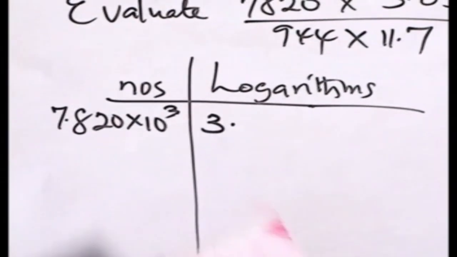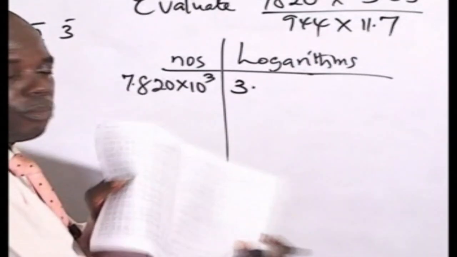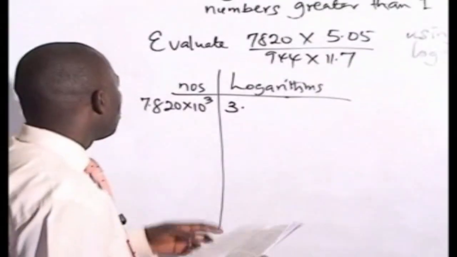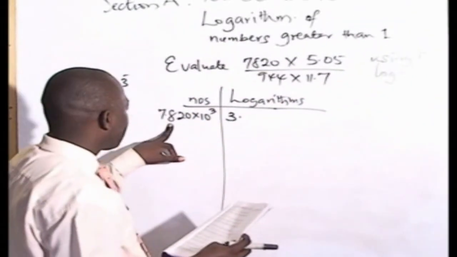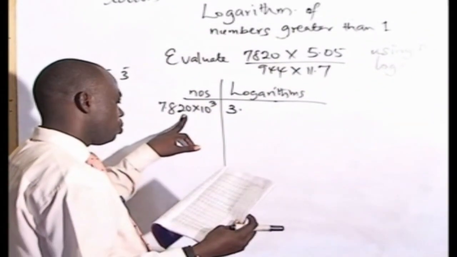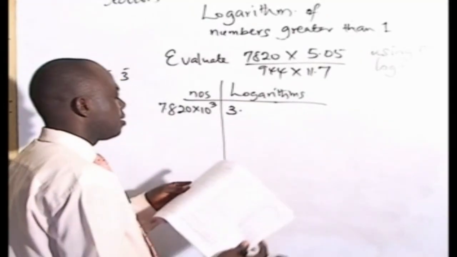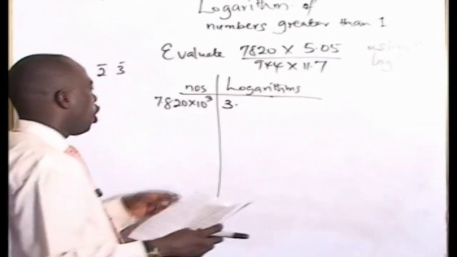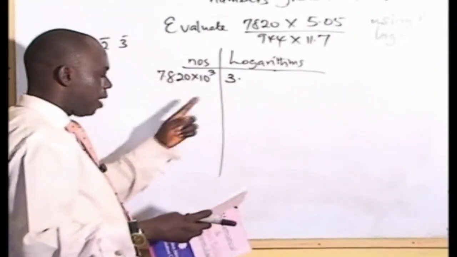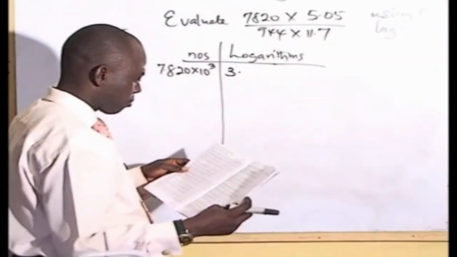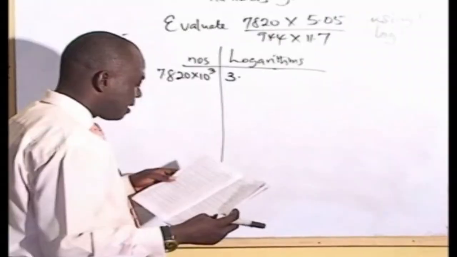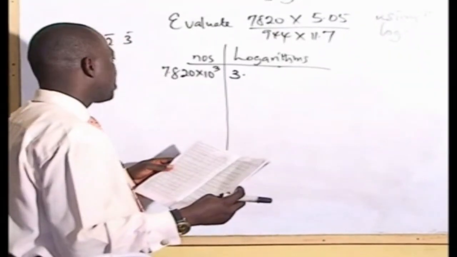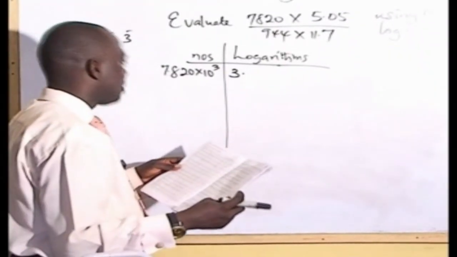If you have this table, it is on page 2. You look at 78 under 2, difference 0.